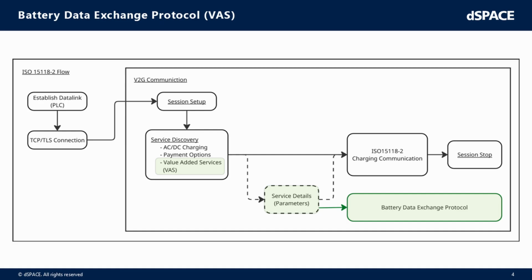So the charging station will send a service detail message where all parameters are given to the electric vehicle, so the vehicle is able to send the new battery data exchange messages to the charging station. And in the end, when the main charging session is stopped, the battery data exchange protocol also stops.